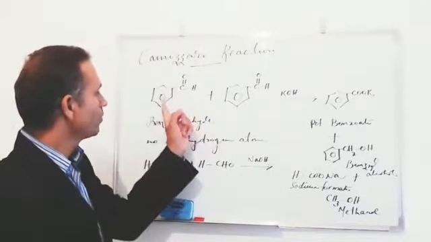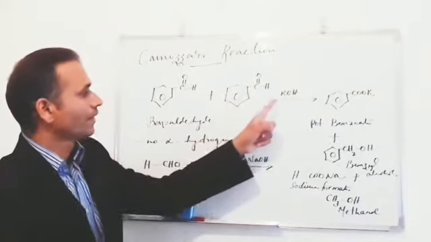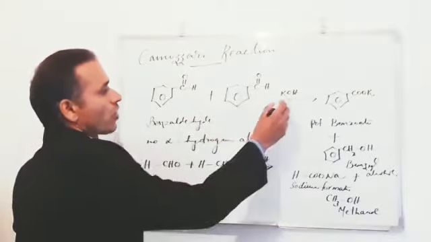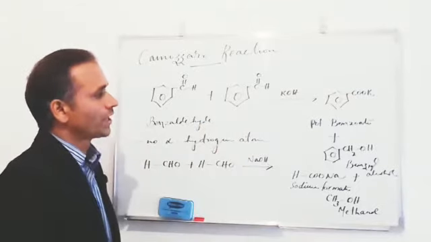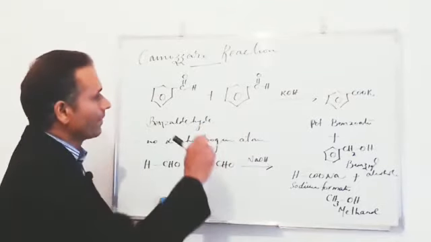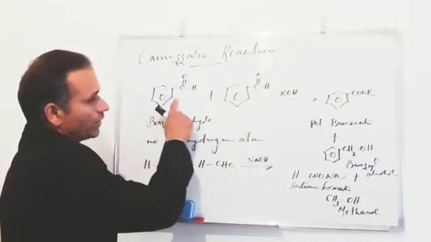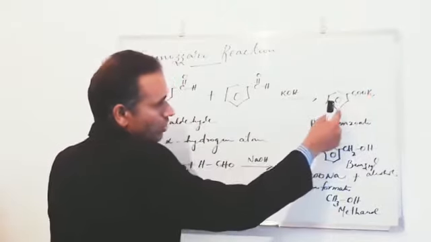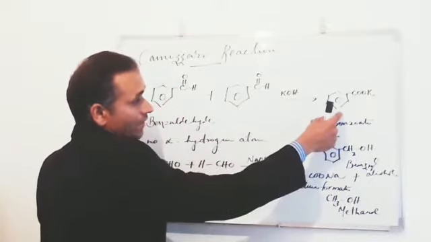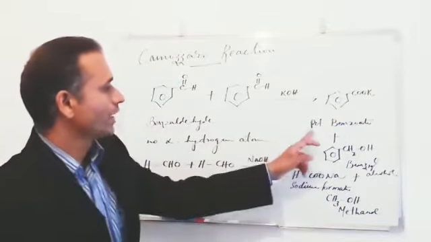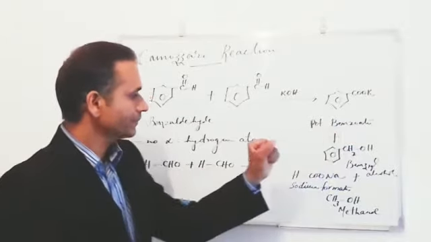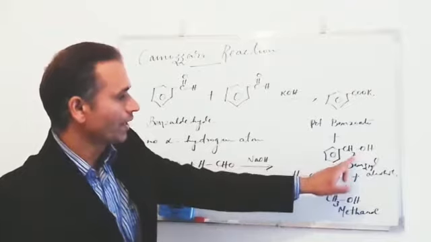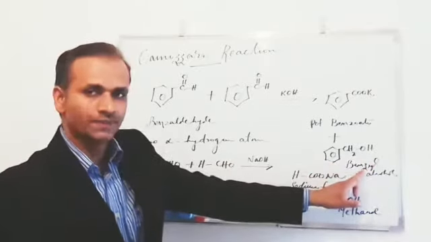When two molecules of benzaldehyde are reacted in the presence of a strong base like potassium hydroxide, one molecule is oxidized into the potassium salt of benzoic acid, called potassium benzoate, and another molecule is reduced into benzyl alcohol.